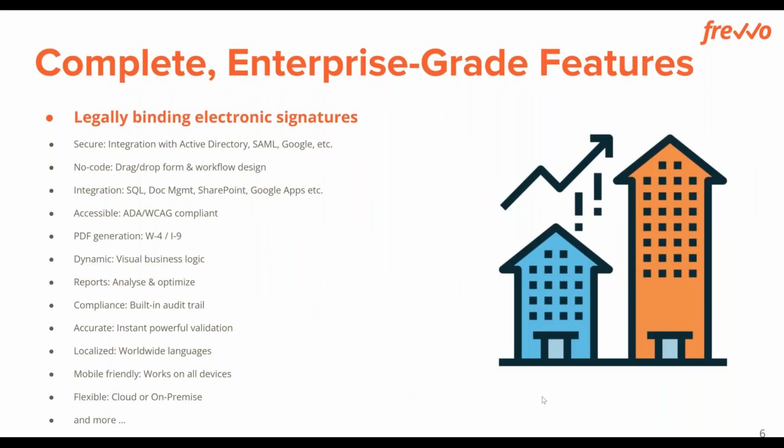Now, frevvo is a complete enterprise-grade solution. So today you'll see that we're focusing in on our legally binding digital signature feature, but from looking at this slide, you'll see there are a number of other attractive features, including that it is accessible. We make the designers very user-friendly with drag and drop tools and visual business logic, really no code required at all.